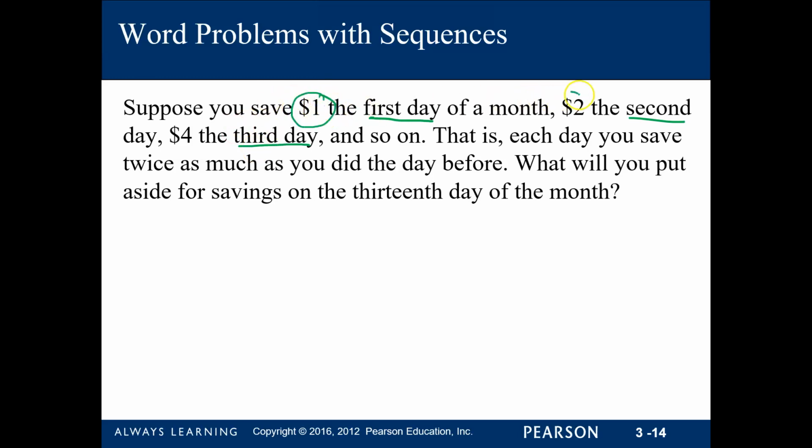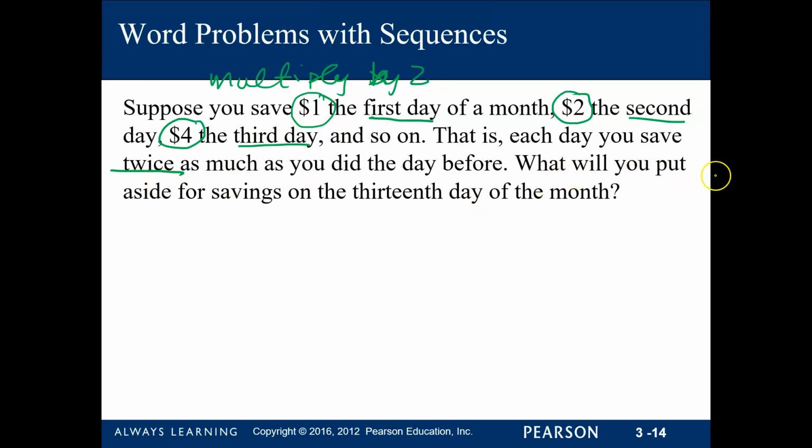From $1 became $2, then became 4. So we are multiplying by 2, okay? How do we know? Well, according to the next sentence, each day you save twice. So from the word twice, it means we are multiplying by 2.